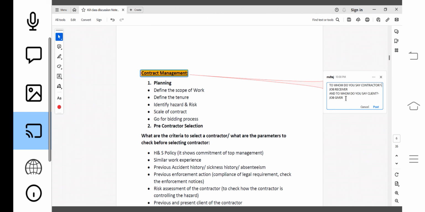So I am looking for a company who can do the exterior painting of my building. Now tell me, who is the client and who is the contractor? The person who is giving the job is the client. I am the client, and the contractor who will receive this job to do the exterior painting of my building is the contractor. Correct?